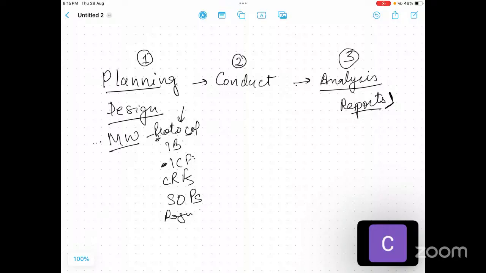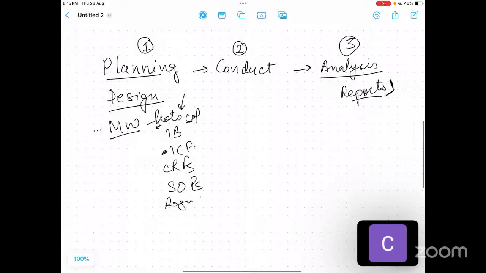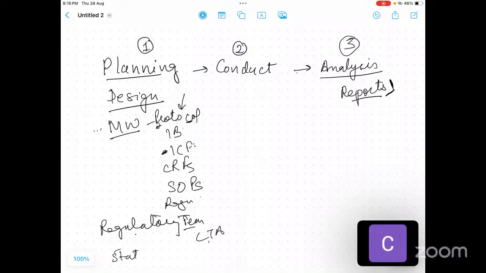Who else is important here? The regulatory team. Every team is important, but there are teams whose workload is too much. The regulatory team has to complete a CTA application, or you can say the IND application or NDA application, different names for different reasons. They have to prepare their dossiers. Even your statisticians help in the protocol section and everywhere.